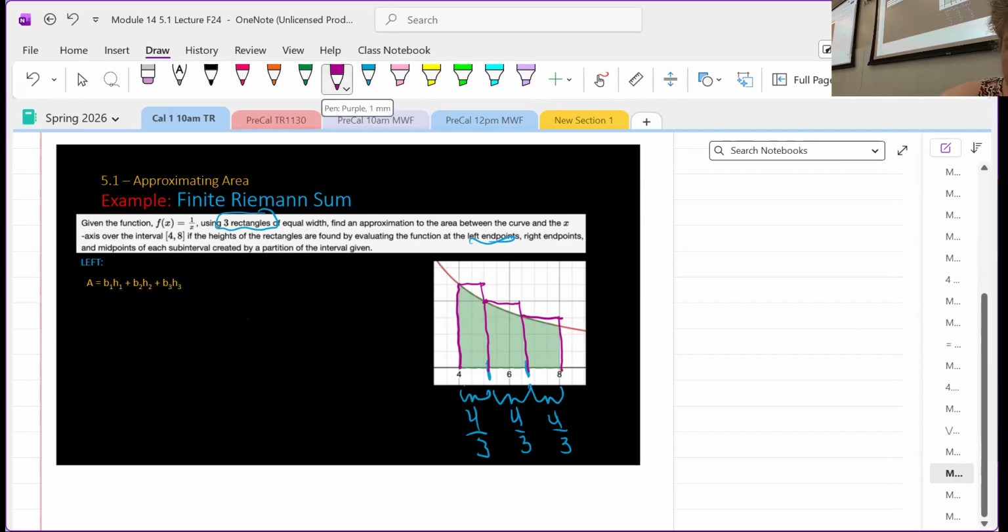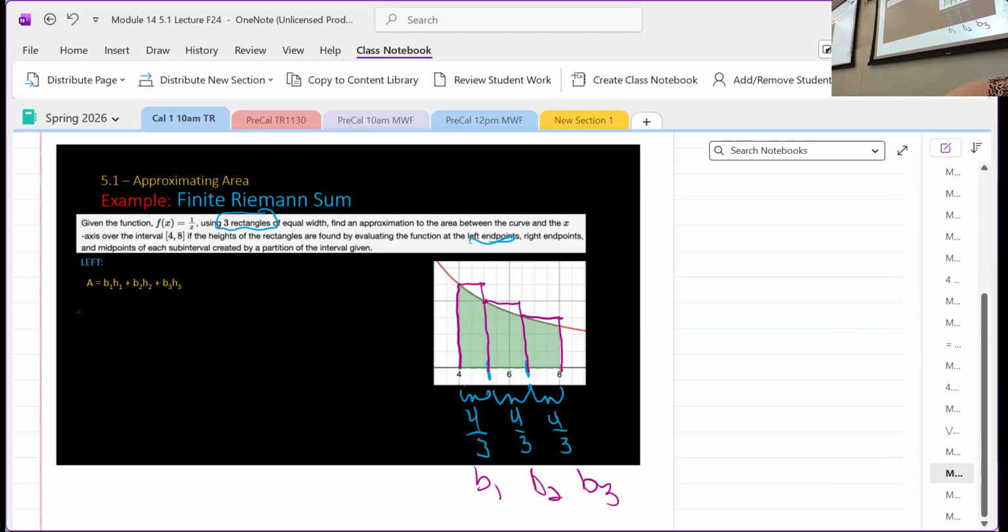All right, so the base of each rectangle is that 4/3. So this is B1, B2, B3. So my area formula is 4/3 times the first height plus 4/3 times the second height plus 4/3 times the third height.